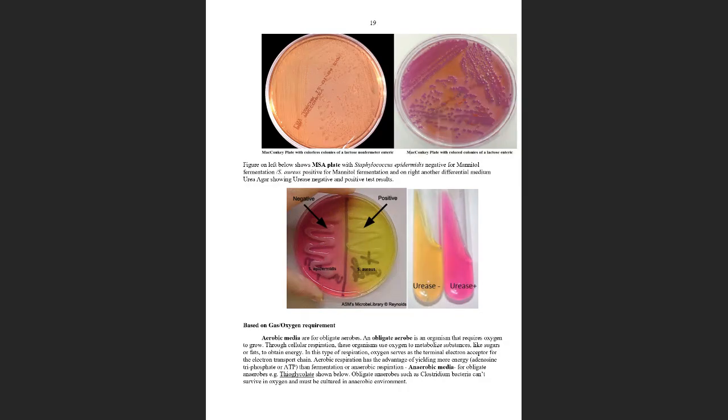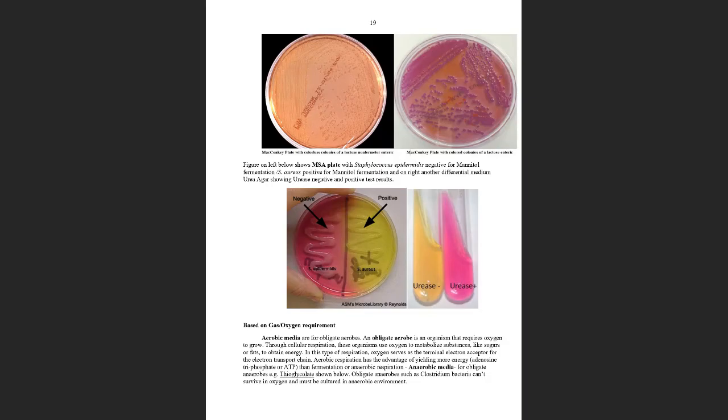When you are growing microorganisms in a laboratory environment, you want to make sure that you understand what type of bacteria you are dealing with. Is this an aerobe? Is this an anaerobe, or is it a facultative anaerobe? Having that knowledge will allow you to successfully culture your bacteria.